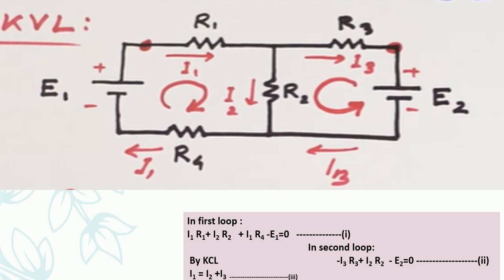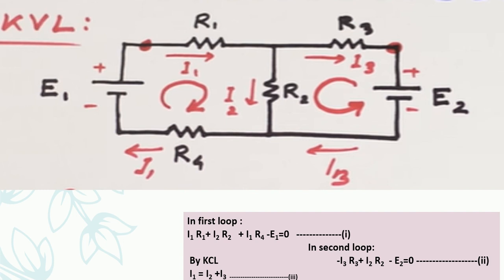Today I just explained what Kirchhoff's current law, KCL, is, what KVL is, and how to solve any circuit using KCL and KVL. Again I want to summarize: KCL means the summation of I equals 0 at a junction, and KVL is applicable for a closed loop.